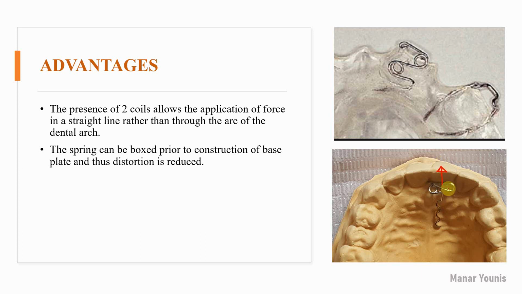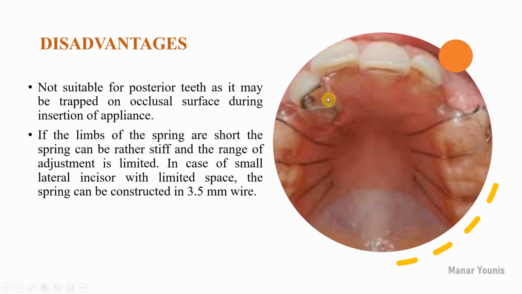Otherwise, if there's only one coil, the force will be directed across the arc of the dental arch. It will not be directed anteriorly or in a straight line. Also, the spring, as mentioned before, can be boxed, so it will lie in a recess between the acrylic base plate and the palatal mucosa, thus the distortion possibility is reduced.